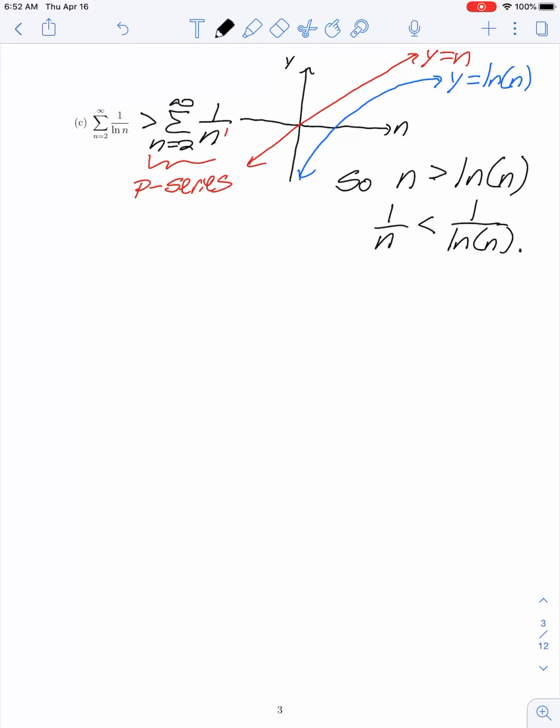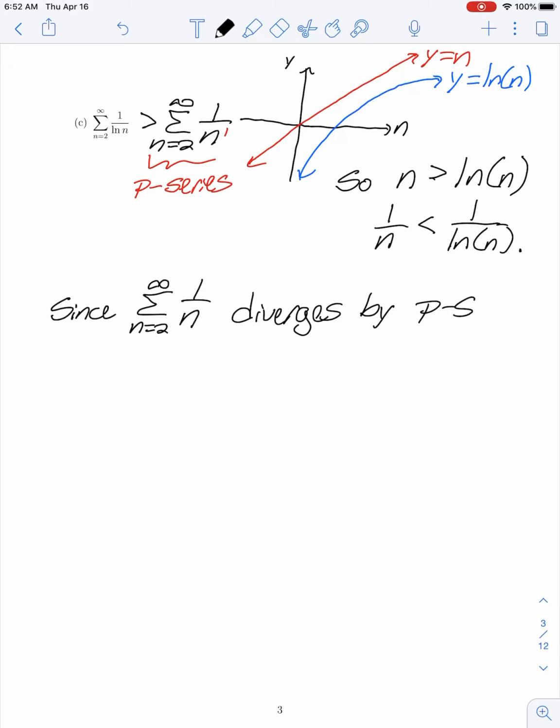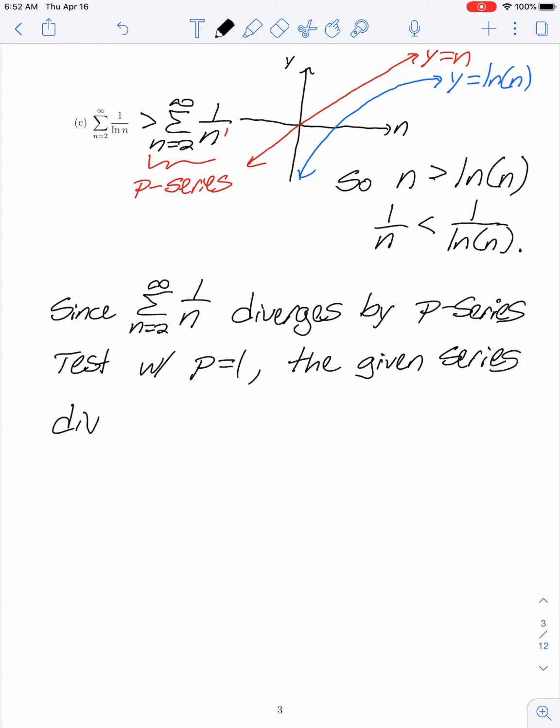So let's write out our justification here. We could say since the sum from 2 to infinity of 1 over n diverges by the p series test, where the power p is equal to 1, the given series also diverges by the direct comparison test.